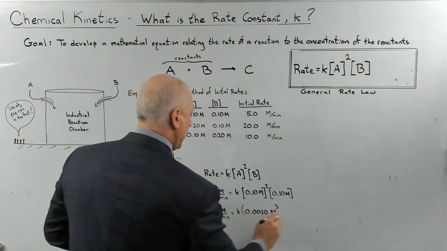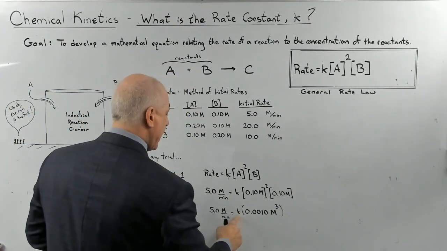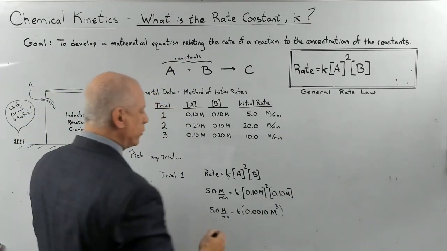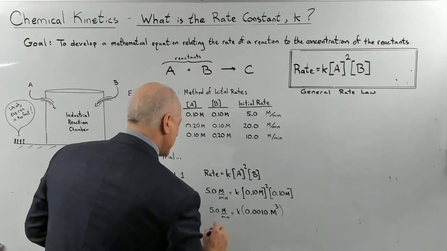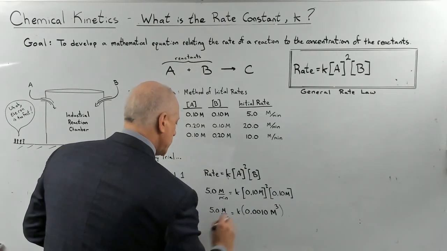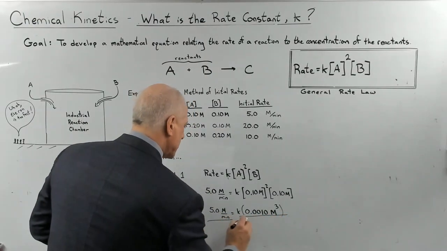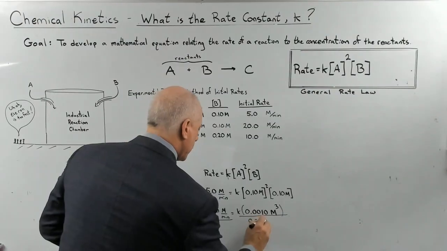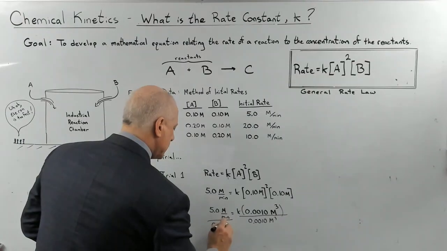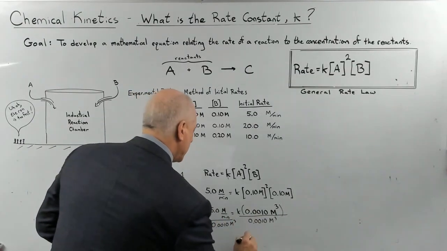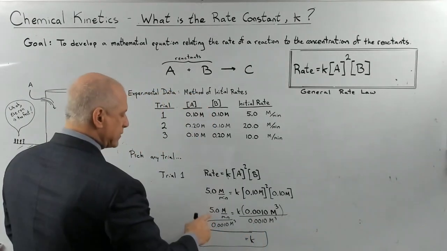Now we're going to solve for K. You'll notice that I have molarity on this side and molarity cubed on that side, so I can do some simplifications. Let's divide both sides by 0.0010 molarity cubed.